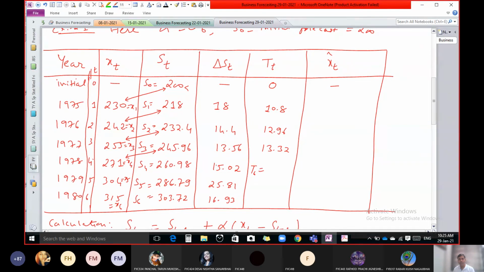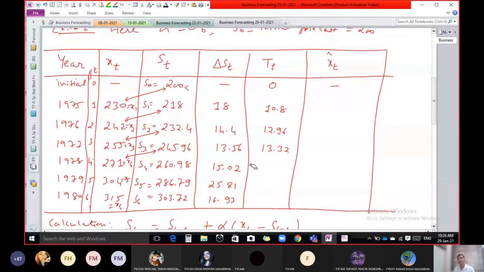This is delta S at time 4, so delta S4 into alpha. And this is T3. So we multiply T3 by 1 minus alpha and delta S4 by alpha, and add these numbers. That is the way to calculate.